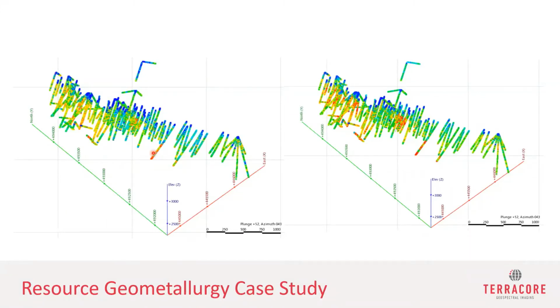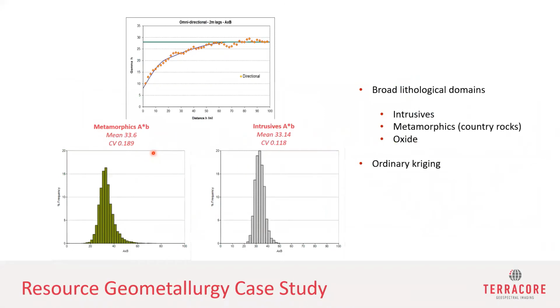Having done this, the next step is to do what the resource people do and estimate between boreholes: estimate Bond, AB, and SAG power index into blocks. We used the standard block model size for the resource, which was 50 by 50 by 15 meters.